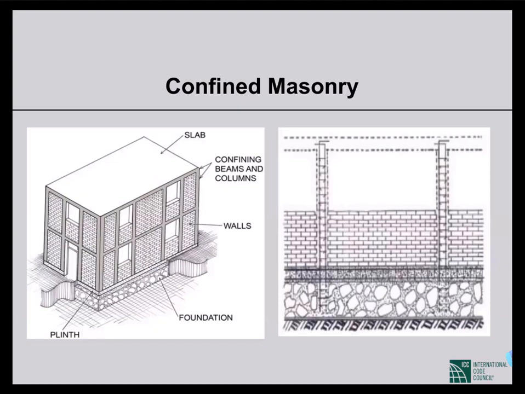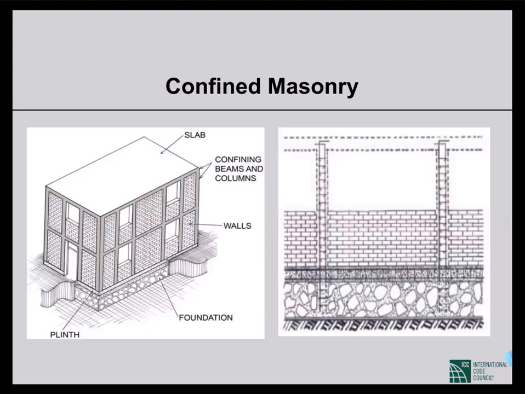The members which look like columns are actually quite thin compared to columns, and they're placed at some critical points, like at the corners and beside the openings. And actually, they are not constructed like columns, although they are reinforced concrete.